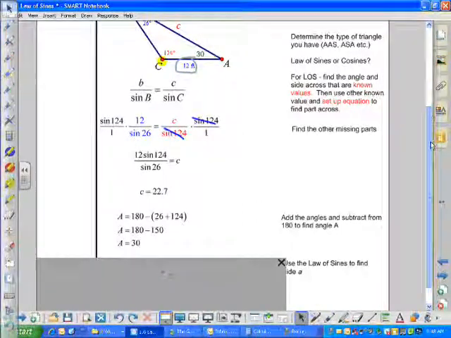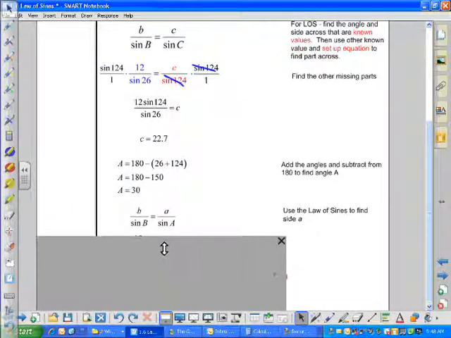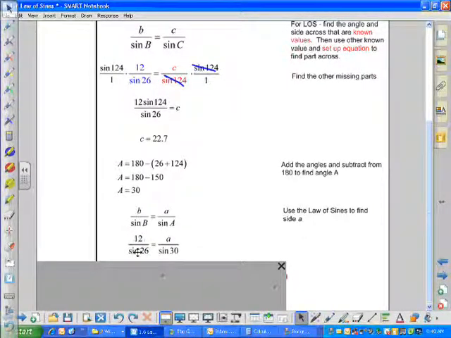Now that I know that, I can use the law of sines again to solve for side A. This time I'm going to do B over sine B is equal to A over sine A. Plug in the values that we know: 12 over the sine of 26 is equal to A over the sine of 30. You could use C over sine C here, but I just like B because it didn't have any decimal values in it, so it's a little easier to work out.